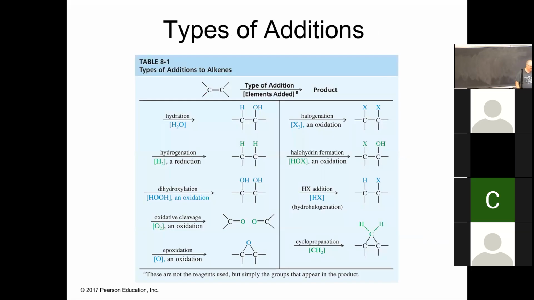Okay, here's a summary of the different types of addition reactions that we'll be looking at. This is hydration. This is just backwards from what we did in lab yesterday, which was dehydration. That follows the pattern shown on the previous slide. Hydrogenation is a different type of mechanism, but again, it's an addition.